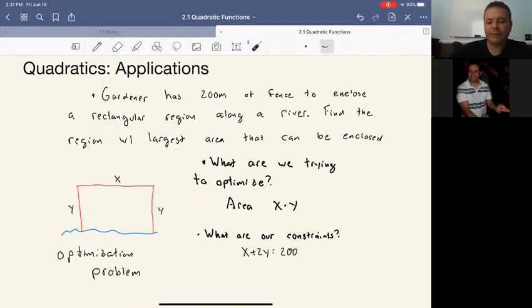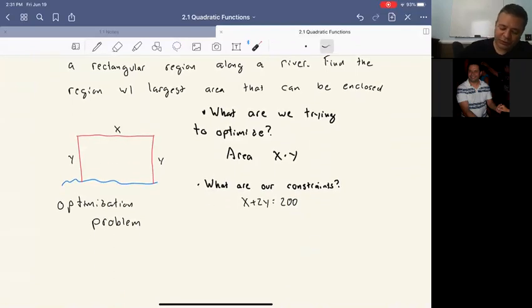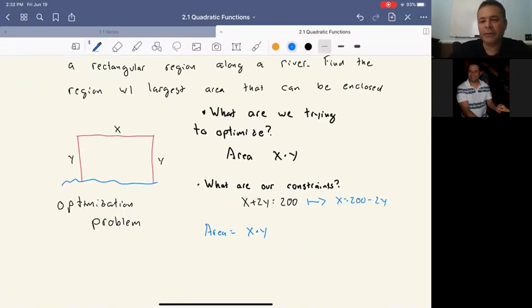Now we're going to insert our constraint into our area so that we can get a new equation of just one variable. So our area, which is x times y, but this equation means that x is 200 minus 2y, correct?